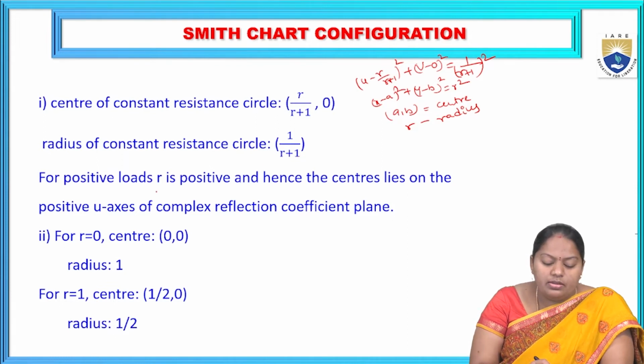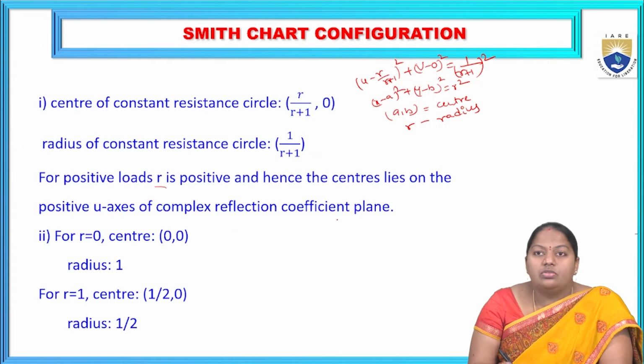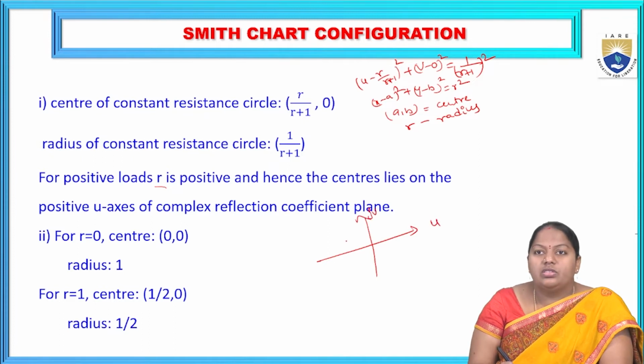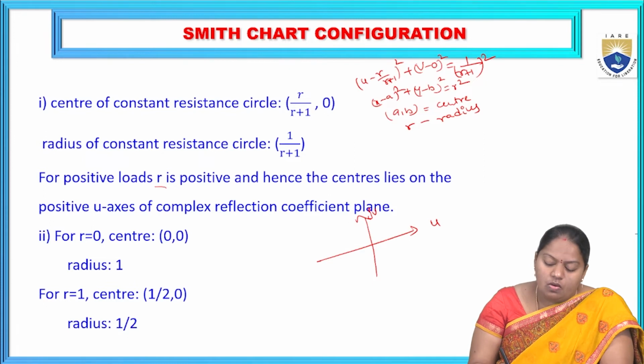So for positive load values, r is positive and hence the center lies on the positive axis of the complex reflection coefficient plane, right? The complex reflection coefficient plane means we have considered u on the x-axis and jv on the imaginary axis.